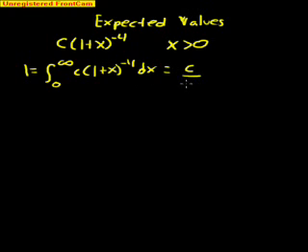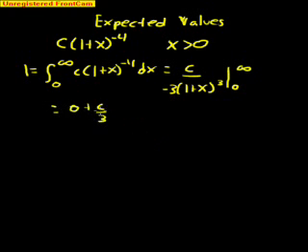We get this. And of course we evaluate this between infinity and 0. Once again, not too difficult. We obtain this, and this simply makes us come to the conclusion that C is equal to 3.